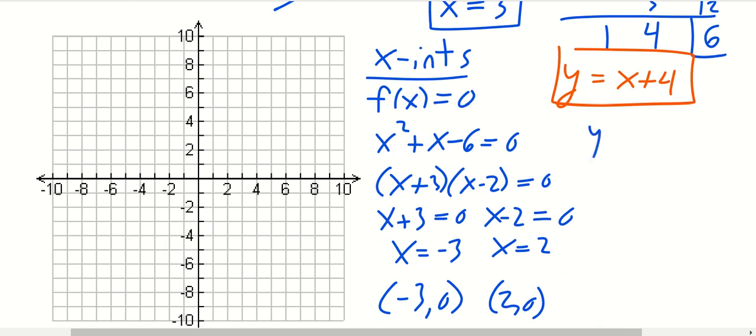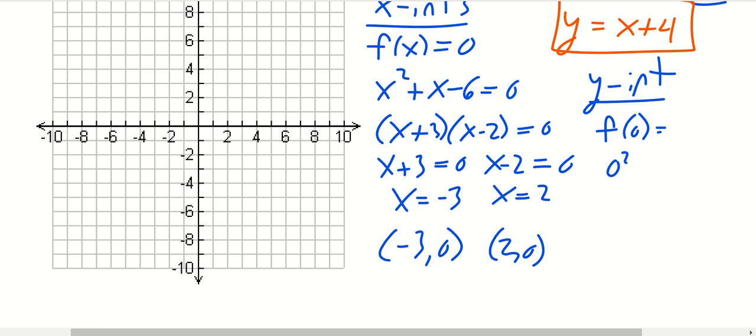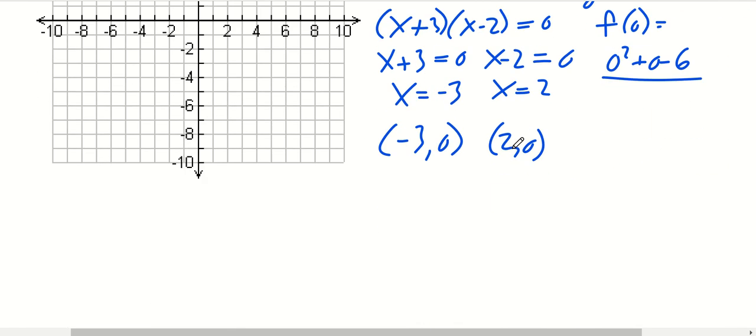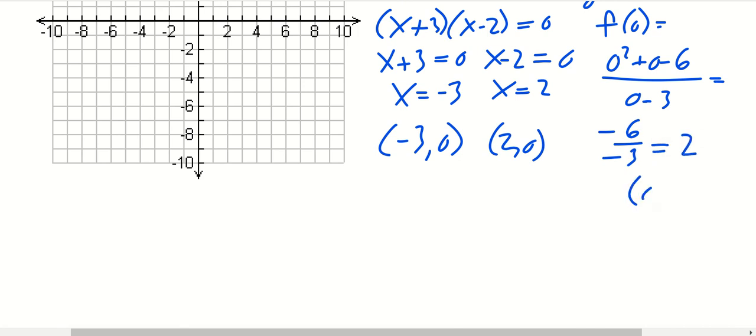To find the y-intercept, we need to evaluate f of 0. This is going to be equal to 0 squared plus 0 minus 6, all divided by 0 minus 3, which is negative 6 over negative 3, which is positive 2.